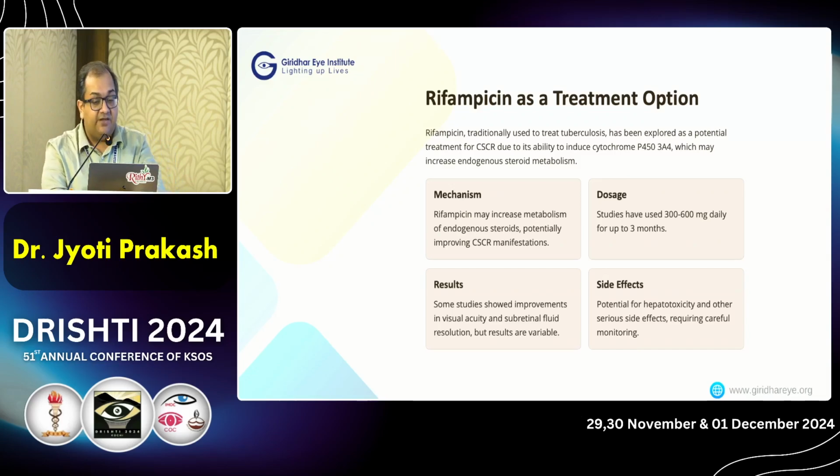Other treatments are way safer and more effective, as Dr. Kiran had also highlighted in the past presentation. Rifampicin can be used but should never be on your first thought ever.